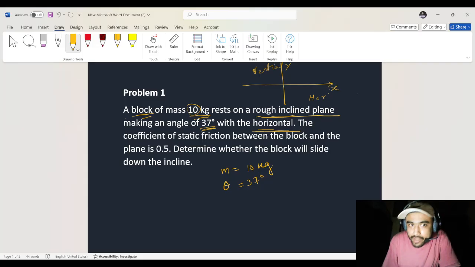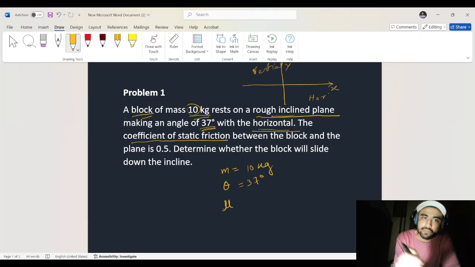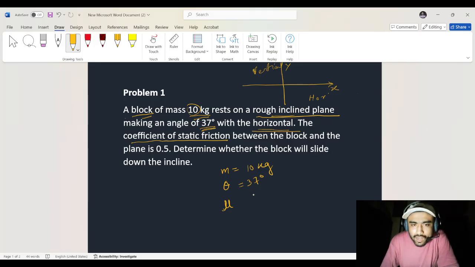It is saying that the coefficient of static friction between the block and the plane is given. In case you don't know, the coefficient of static friction is denoted by the variable mu. The value of mu is given as 0.5.